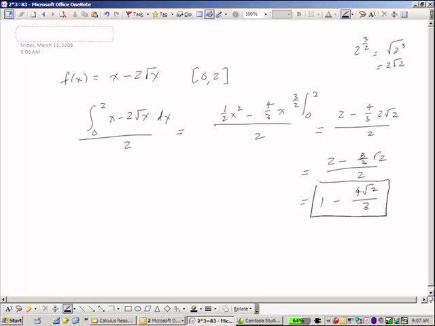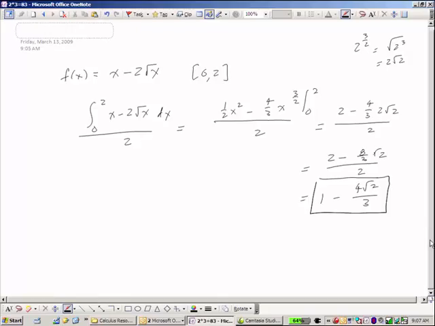How'd I do for the average value? All right, so when I took the antiderivative, I had 2 here, and then I had to multiply that by 2/3, so that's 4/3.